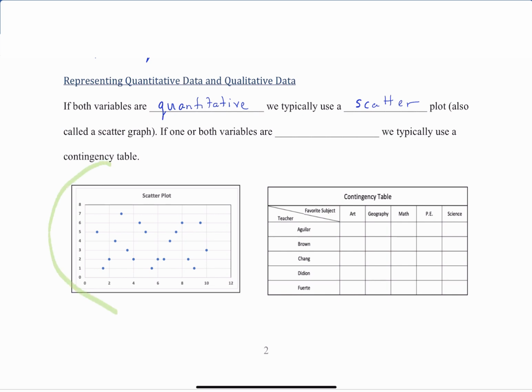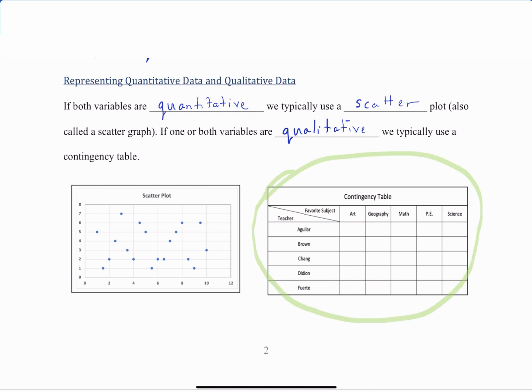So that's something like this. And in the next video, you'll get some practice with scatter plots. On the other hand, if one or both variables are qualitative, we typically use a table that's called a contingency table. So that's something that looks like this, and we'll talk about those a little later on.